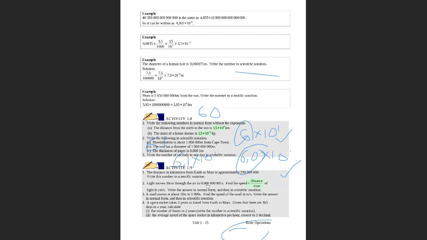Another person will write 6 times 10 to the power 1, and will say that no, I approximated, but this one will be wrong because now you have distorted the number. If I multiply this one, I don't get 61. You get my point? Okay, good.